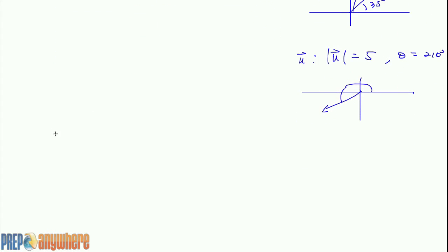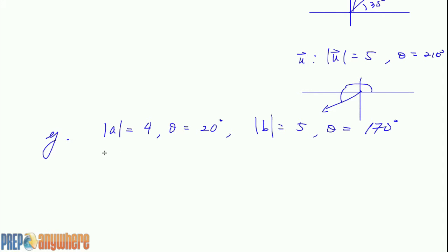So for example, if I have vector A with a length of 4 and an angle of, let's say, 20 degrees, and vector B, please copy this down, is 5 with an angle of, let's say, 170 degrees, let's call these angle 1 and angle 2.